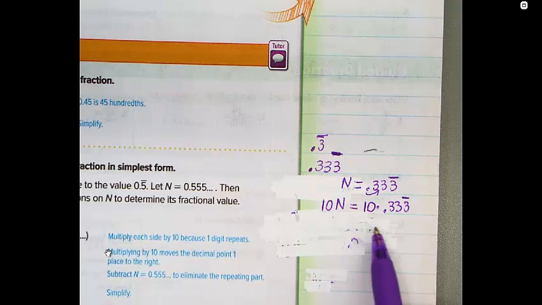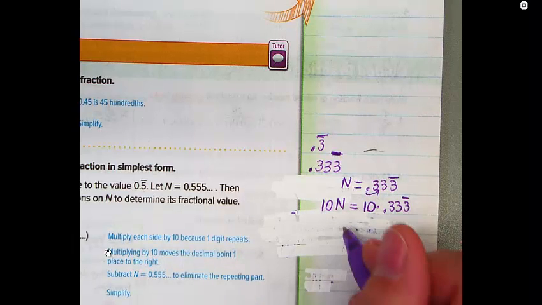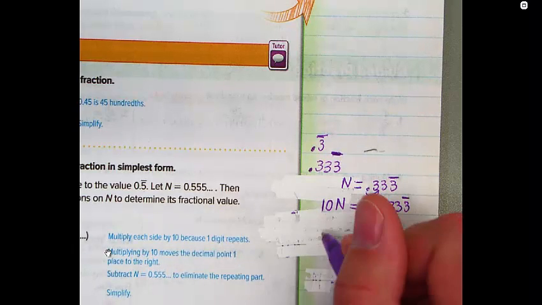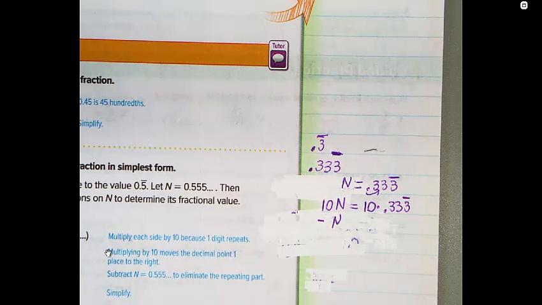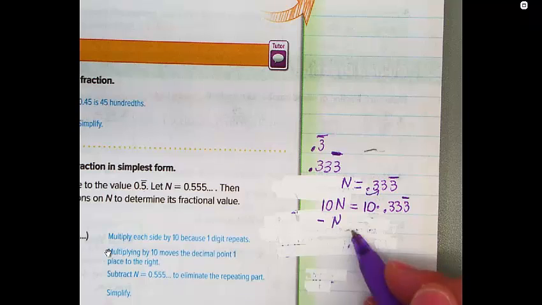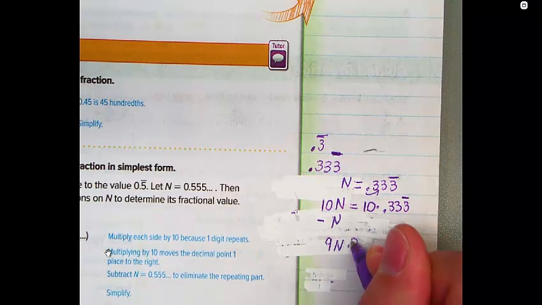Now what I can do to get rid of this repeating decimal is take one of these away. So here I have 10n, so I'm going to take away an n. Just like if I have 10 apples and I take away an apple, I only have 9 apples left. In the same case here, we have 10 n's, we take away an n, we now have 9 n's.